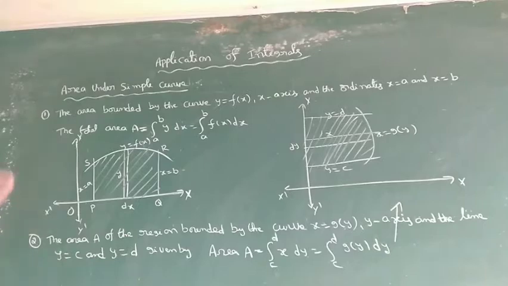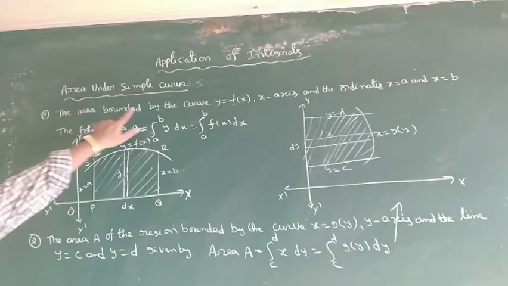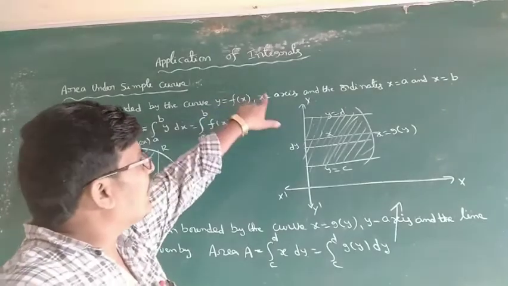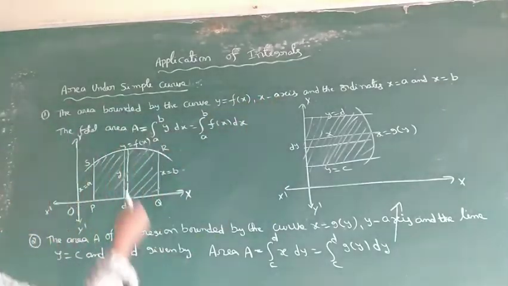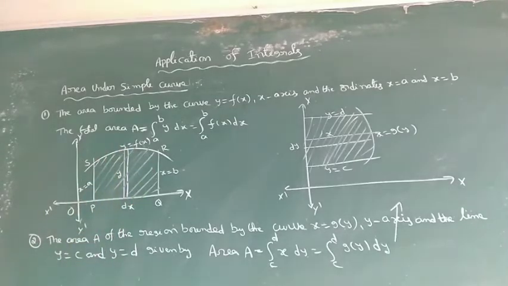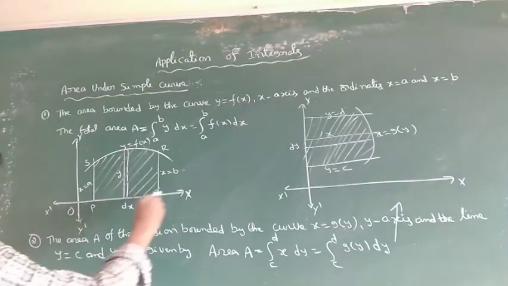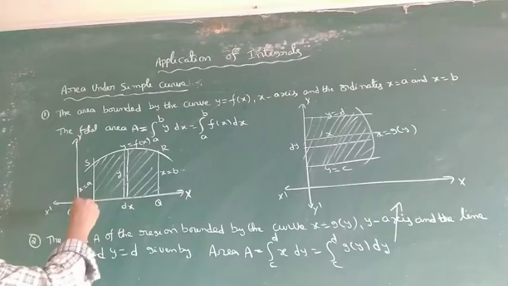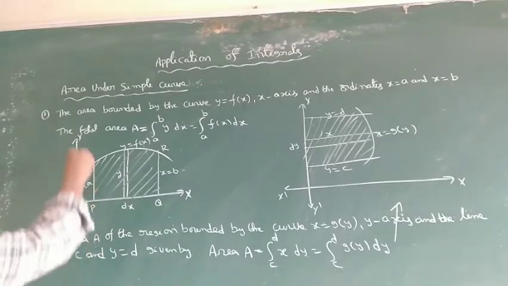So the area bounded by the curve y is equal to f of x, the x-axis, and the ordinates x is equal to a and x is equal to b.